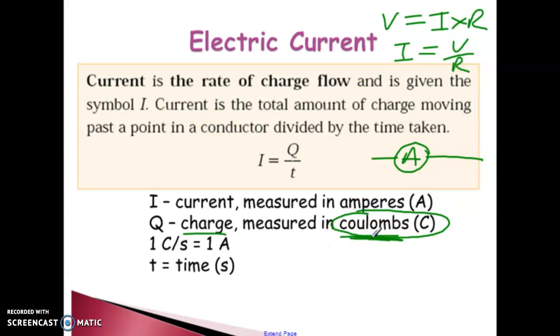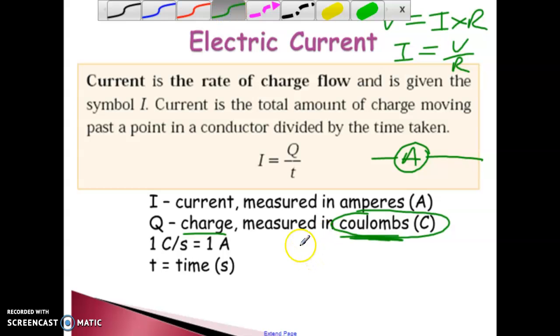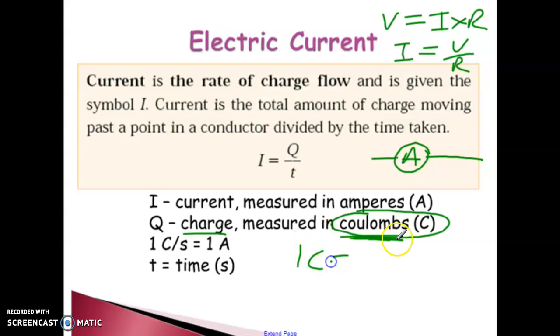We actually saw this already in the first part of electricity where we talked about conductors and insulators, right? So 1 coulomb is equal to 6.24 times 10 to the 18 electrons.